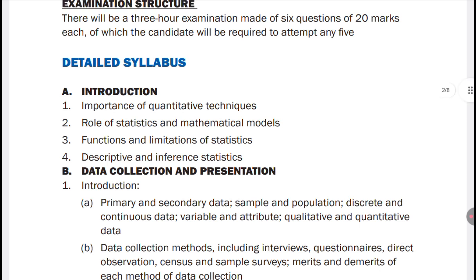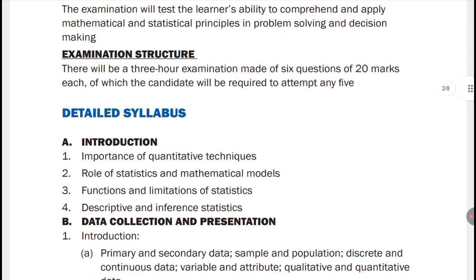So this paper will have, of course, if you look at the exam structure, they are saying there will be a 3-hour examination that is made up of 6 questions, and among these 6 questions, you are required to attempt any 5, and each of them has 20 marks.